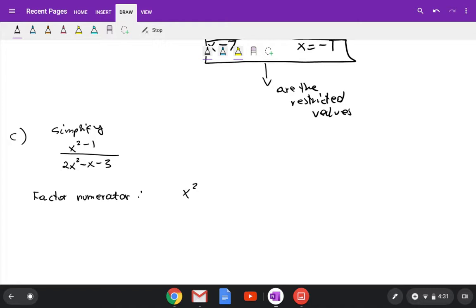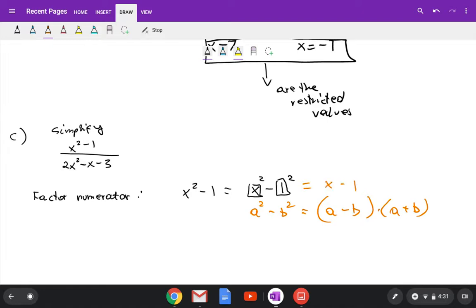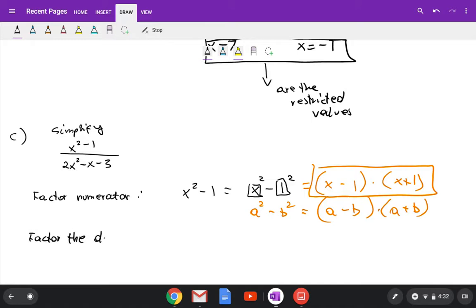So we have x squared minus 1, which you can rewrite as x squared minus 1 to a second power. So you can apply that formula a squared minus b squared, which is the same as a minus b times a plus b. So in our case, we have x minus 1 times x plus 1. So let's save that. Next, factor the denominator.